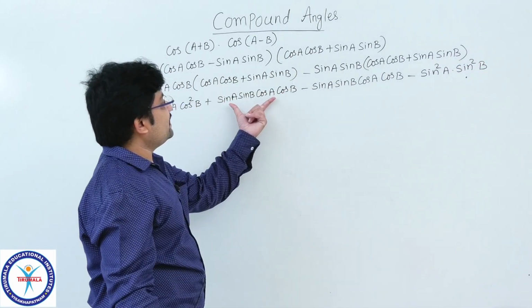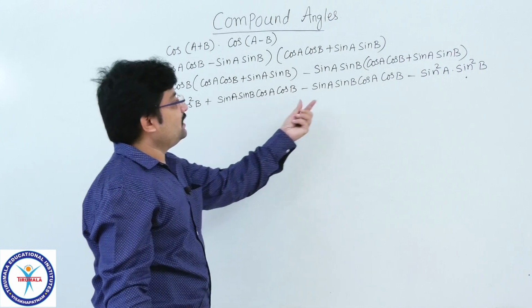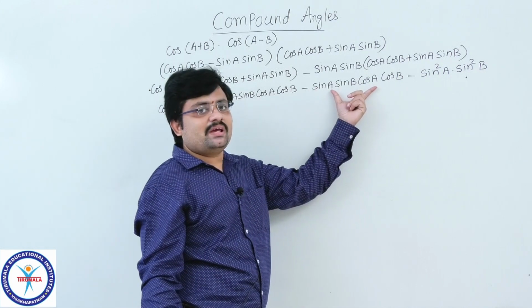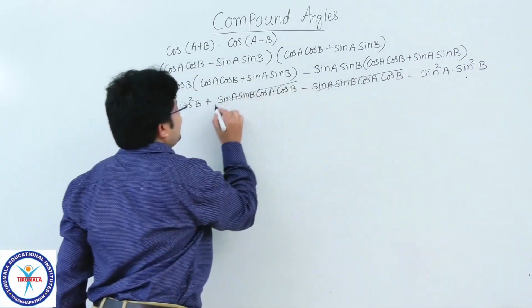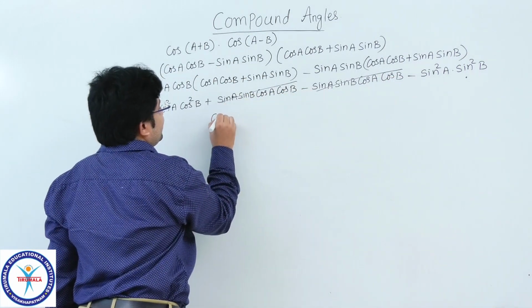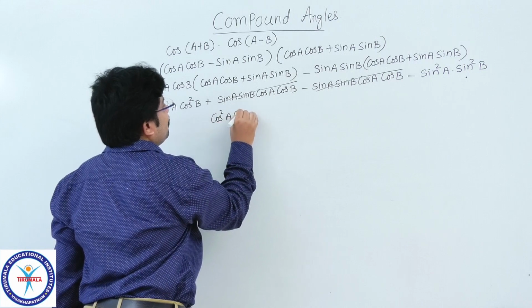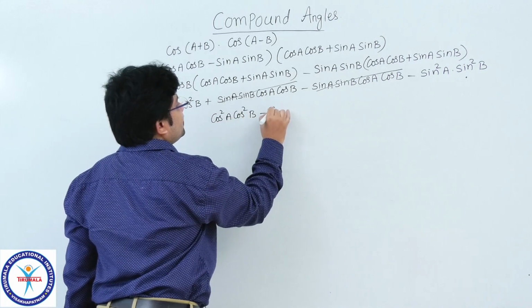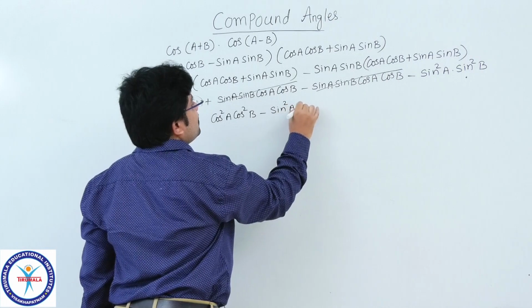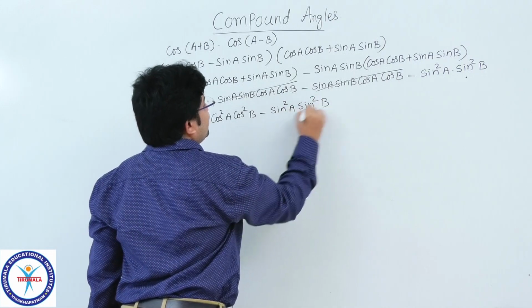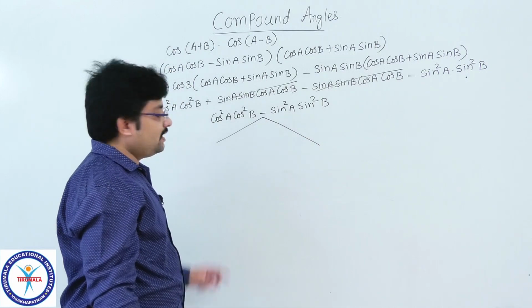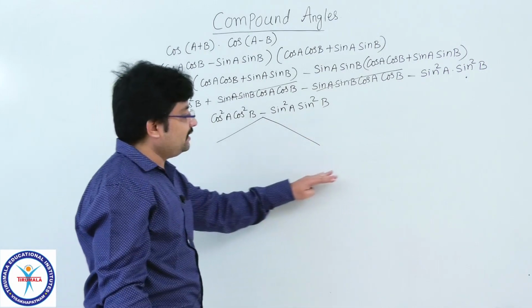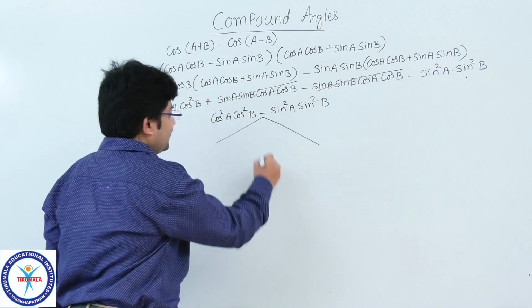It is plus sin A sin B cos A cos B. Here it is minus sin A sin B cos A cos B. So the plus terms and minus terms get cancelled. Here you get cos square A cos square B minus sin square A sin square B. Again here we can derive this in two ways, completely in cos and completely in sin. So let us derive this one.